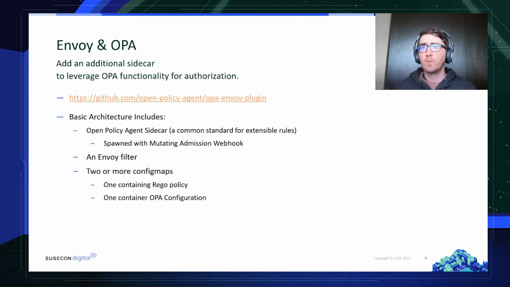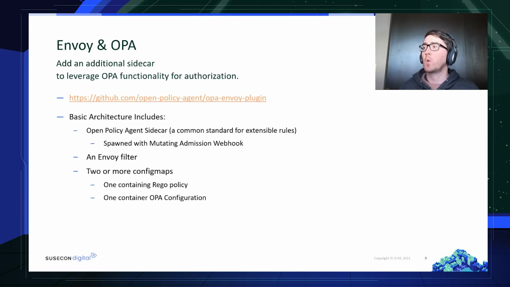With this example, you'll be able to use OPA as a sidecar alongside Istio and deploy authorization policies using Rego. The components that are required to deploy this are going to be the mutating admission webhook that is going to inject the sidecar, kind of like Istio proxy does, an EnvoyFilter that's going to tell the Istio proxy to communicate with OPA for the authorization requests.